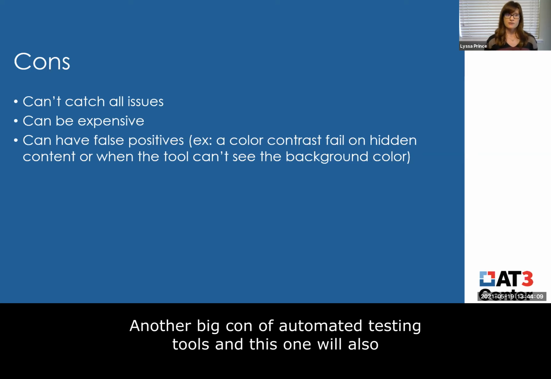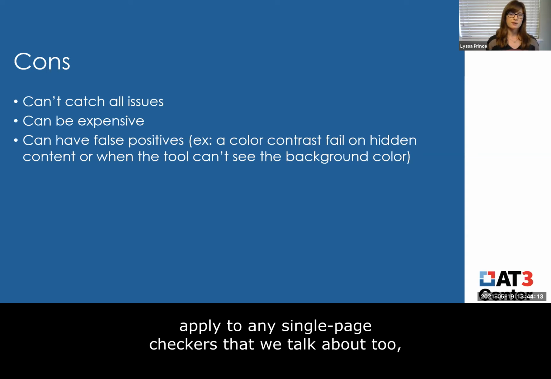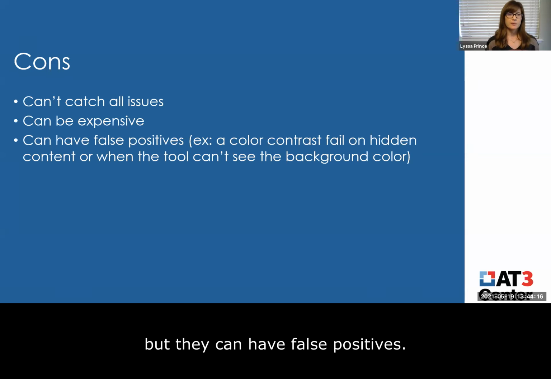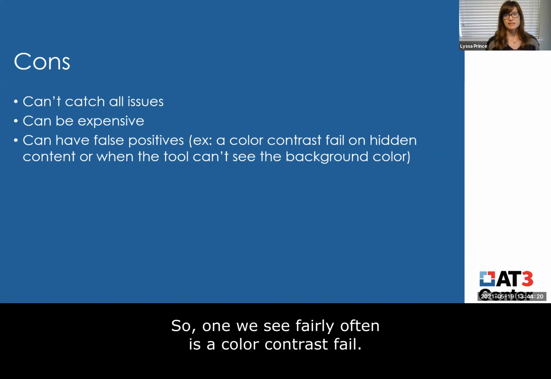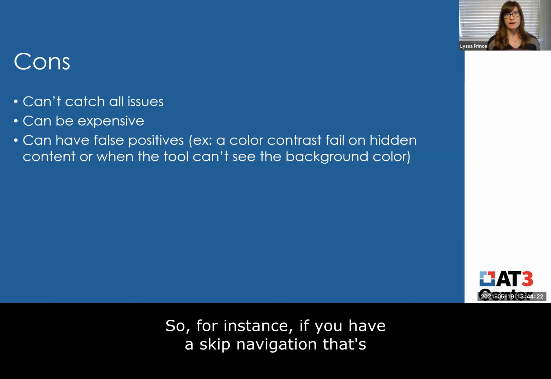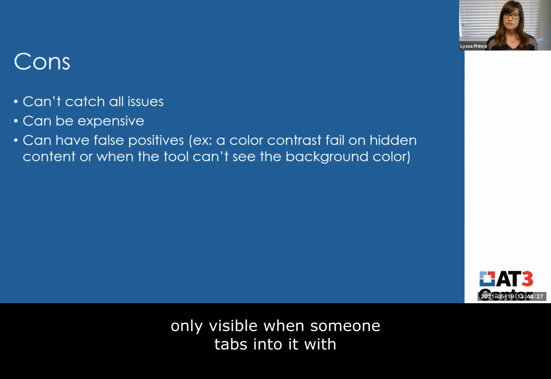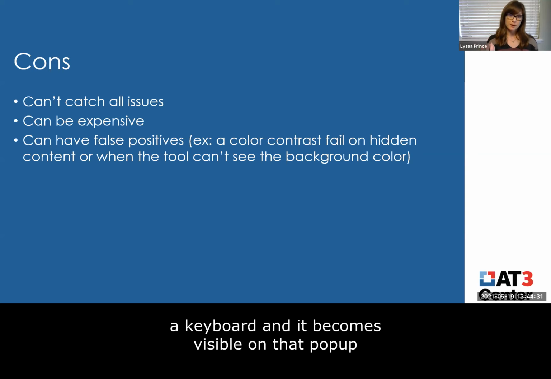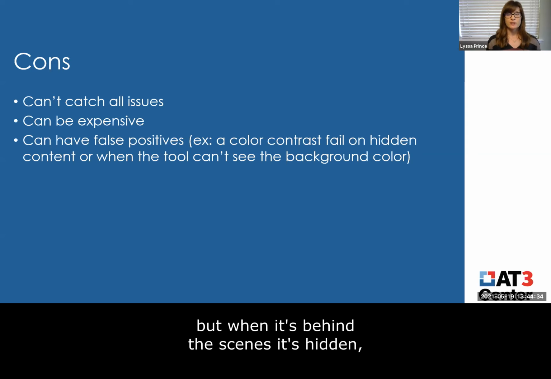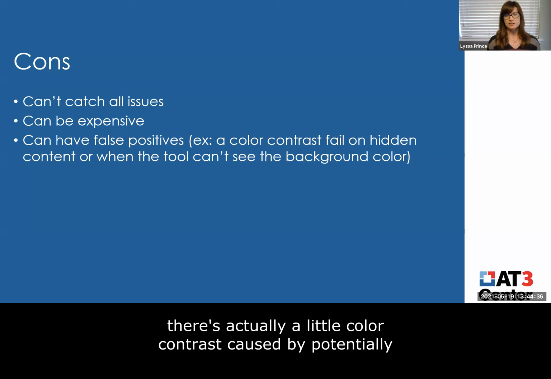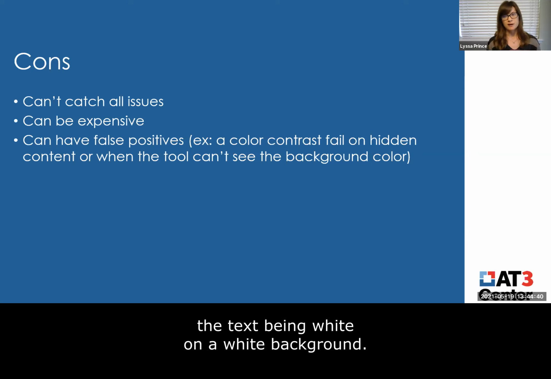Another big con of automated testing tools, and this one will also apply to any single page checkers that we talk about too, is that they can have false positives. One we see fairly often is a color contrast fail. For instance, if you have a skip navigation that's only visible when someone tabs into it with the keyboard, and it becomes visible on that pop-up, but when it's behind the scenes and hidden, there's actually a low color contrast caused by potentially the text being white on a white background.